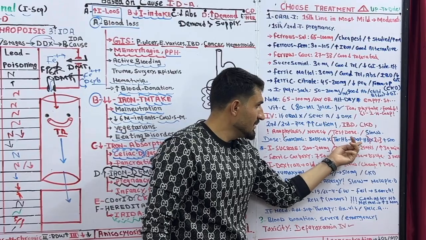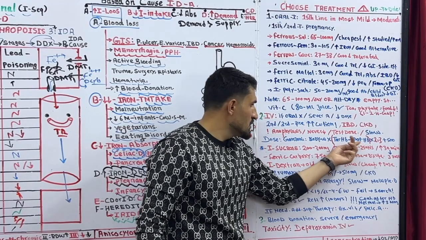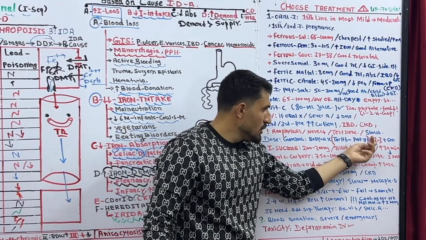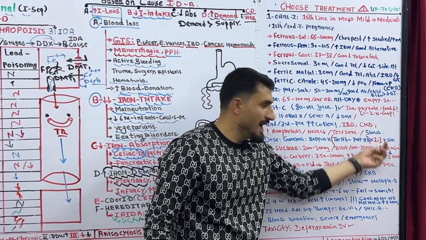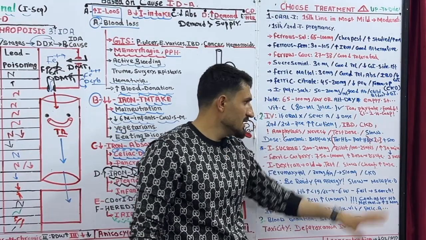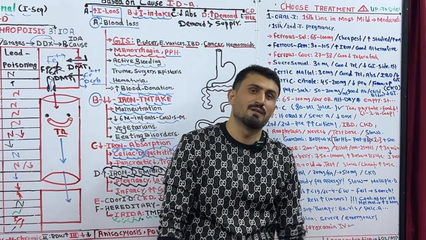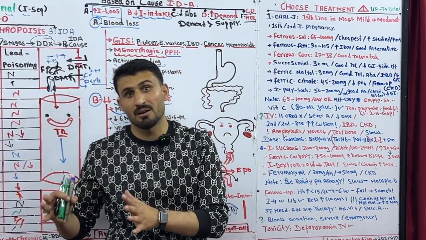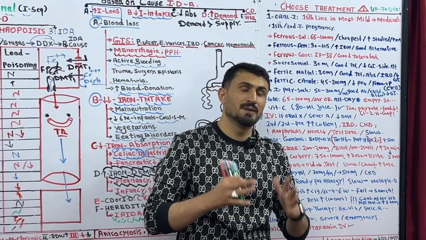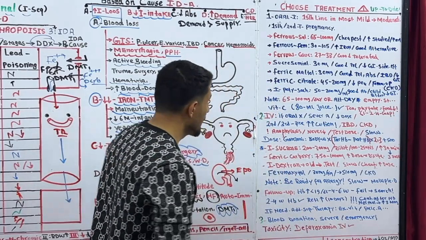Then the result will be, for example, 2. So body weight times 2 times 2.3, which is a constant, plus 500. The net result will be around 1 gram up to 1.5 grams, or 1000 milligrams up to 1500. Got it?